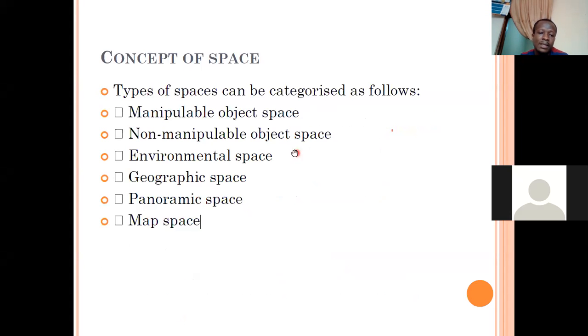Let's move on. There are a few things we will talk about under the concept of space: manipulable object space, non-manipulable object space, environmental space, which is like city spaces, geographic space, which is like the whole world, and panoramic space, that is perceiving your environment by looking at the horizon, looking around, or climbing up a high-rise building and looking out at the horizon.